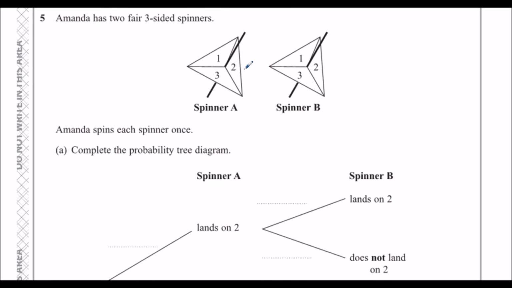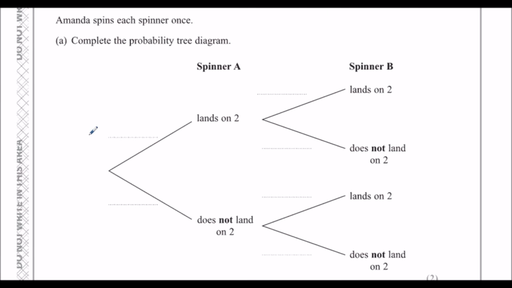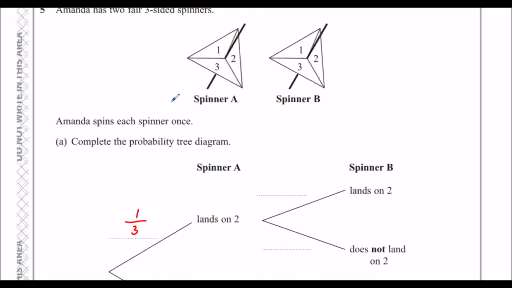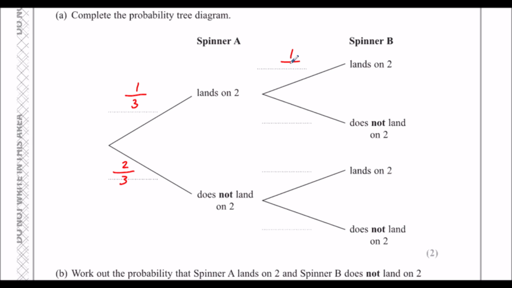So 1/3, 1/3, 1/3. So the probability it lands on 2 is 1/3, and the probability it doesn't, either 1 or 3, is 2/3. And it doesn't matter if it's spinner A or spinner B, they'll have the same probabilities, they're the same. So lands on 2 will be 1/3 and does not 2/3.